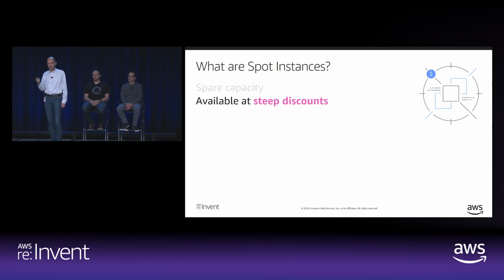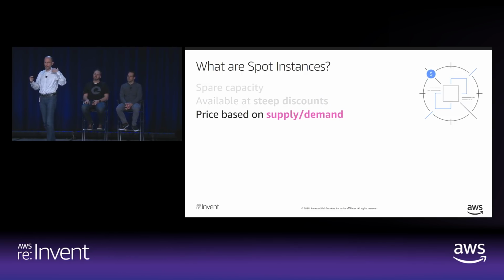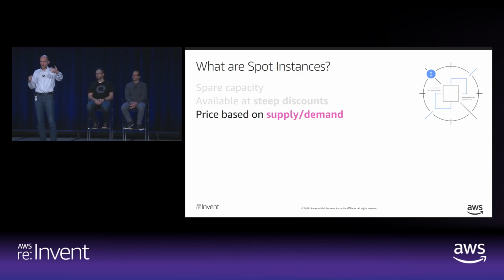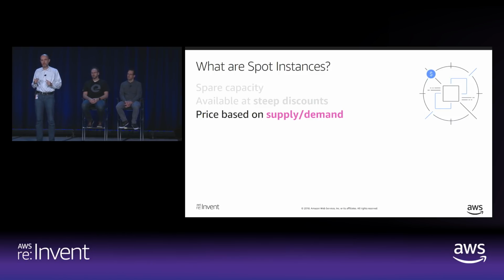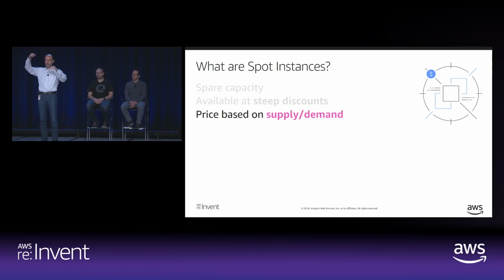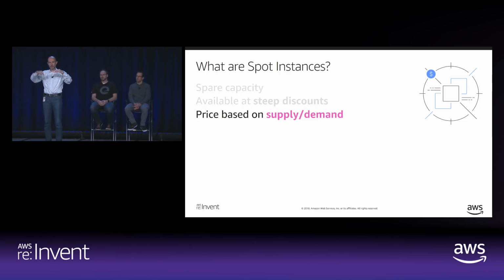And we find the price based on supply and demand. So if there's many people who need those spot instances and put in those spot requests and not a lot of supply, then the price will be higher. But if there's a lot of supply and not many people asking for spot instances, the price will be very, very low.